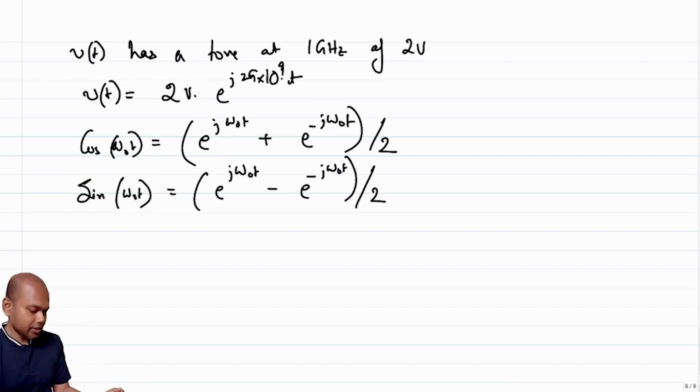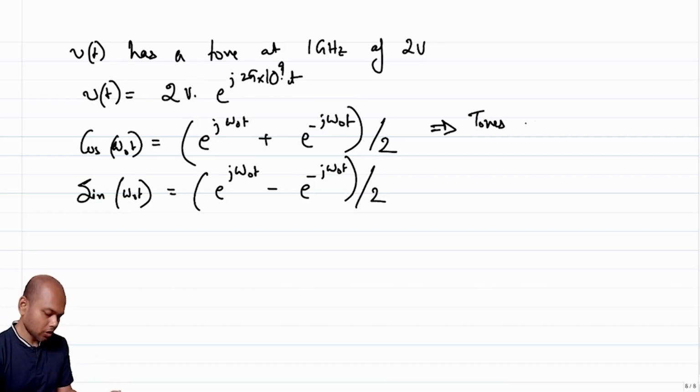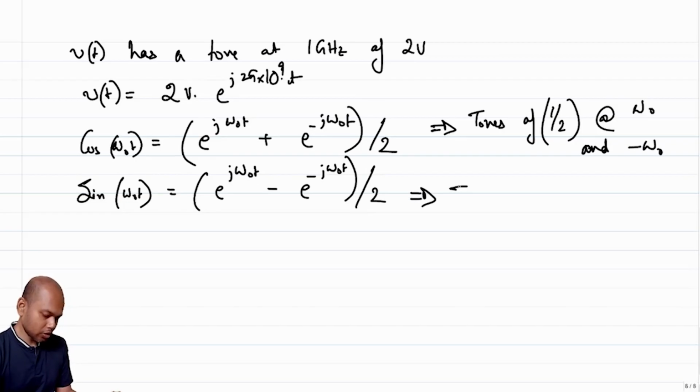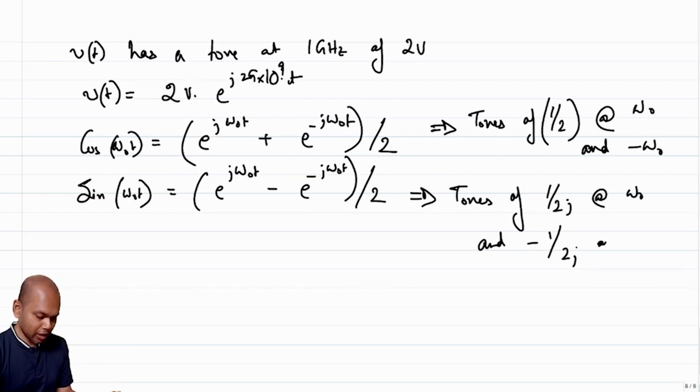Which means the cosine has tones of 1 over 2 at omega naught and minus omega naught, and the sine has tones of 1 over 2j at omega naught and minus 1 over 2j at minus omega naught, right?